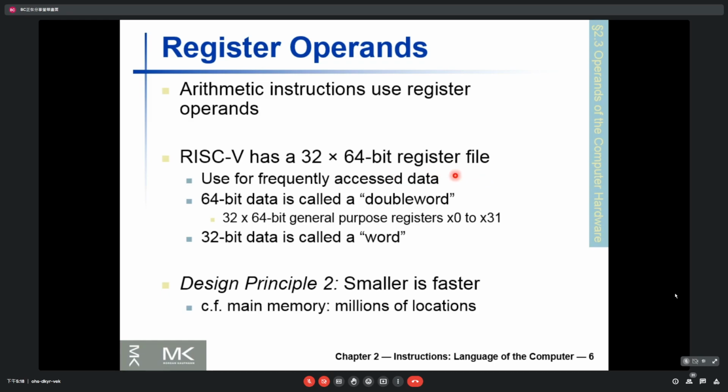So RISC-V has a 32 by 64-bit register file. 这个需要黑板画图。All right, let me go through it. So I will try to draw the figure again next time. So it's used for frequently accessed data, and 64-bit data is called a double word.